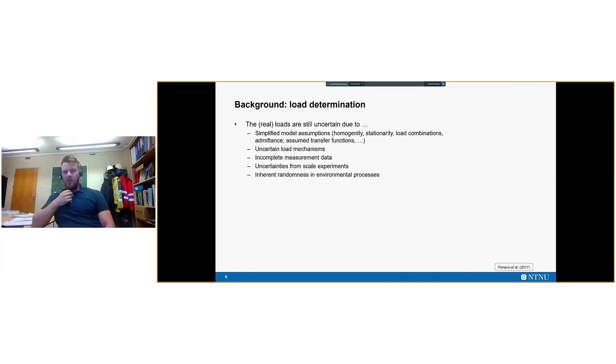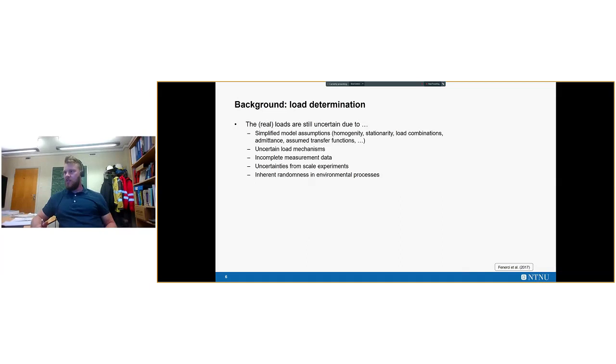However, we still think that the real loads have some uncertainties. There are always some simplifications and assumptions that we make. For example, the homogeneity and stationarity of the wind fields. We never know the true load combinations in advance, and we also make some assumptions on transfer functions, admittance, and so on.